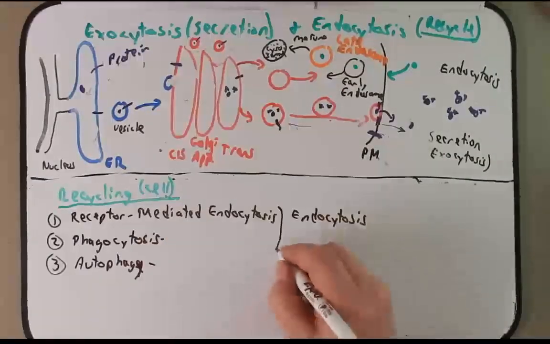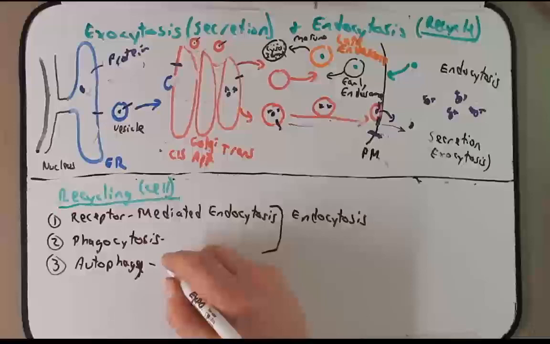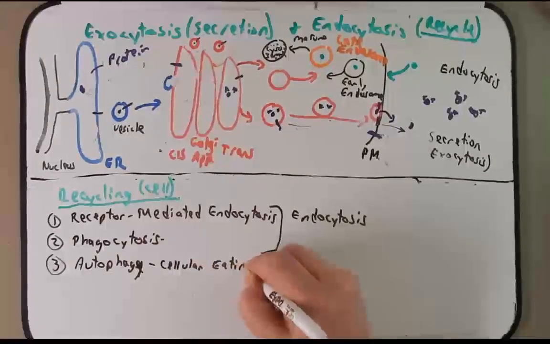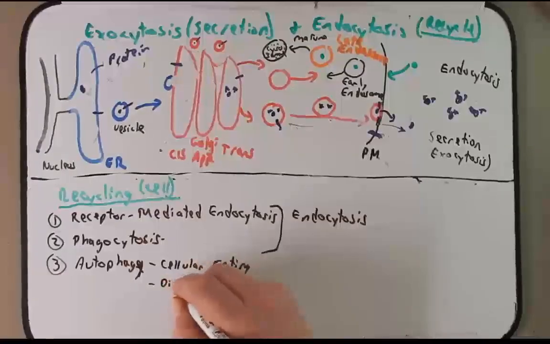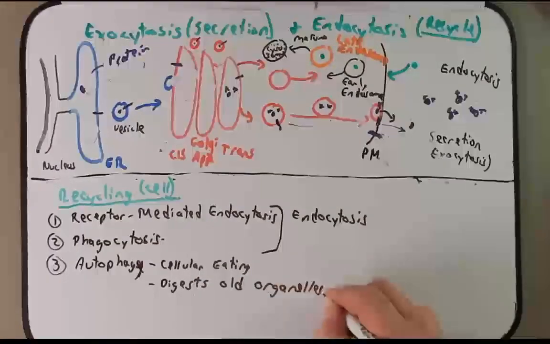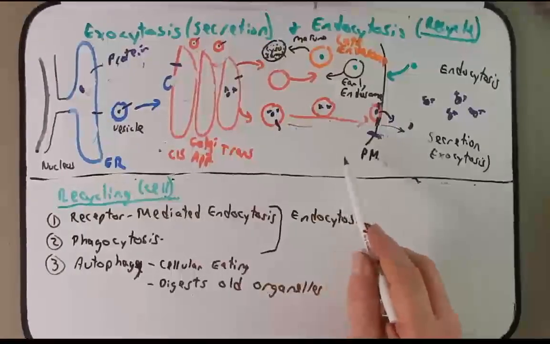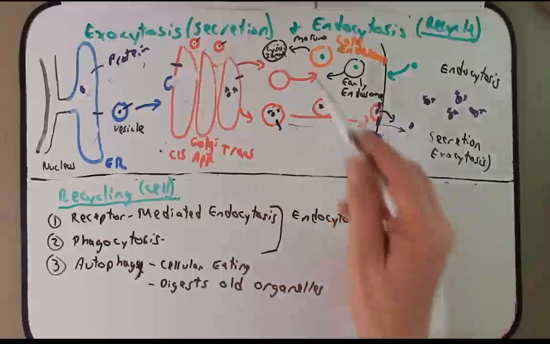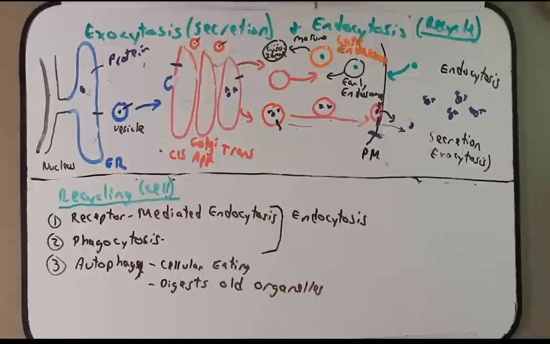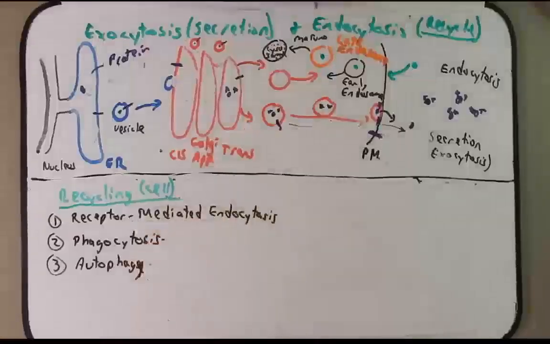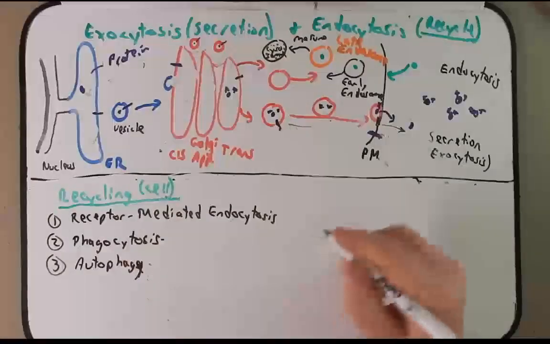Autophagy, which we won't be able to talk too much about, can be thought of as cellular self-eating, or more specifically, it digests old organelles and other large structures within the cell. It doesn't bring it from outside the cell. It begins to digest material within the cell. So let's go ahead and talk about these 3, particularly the first 2.